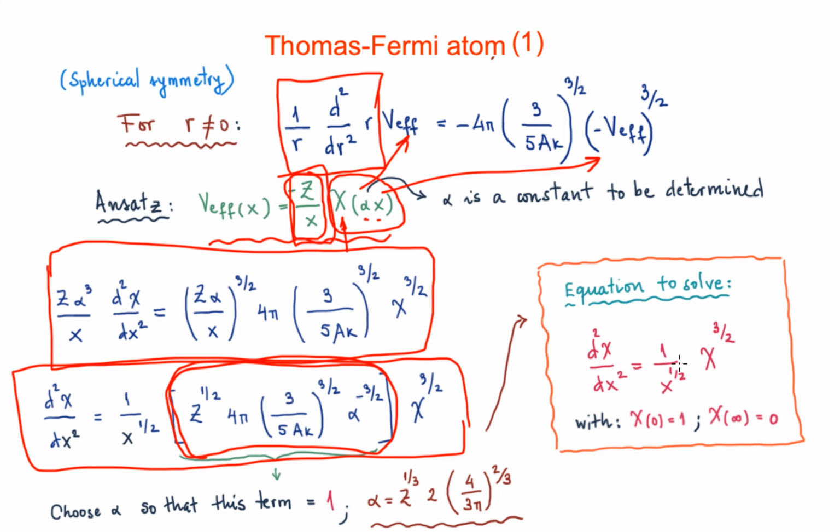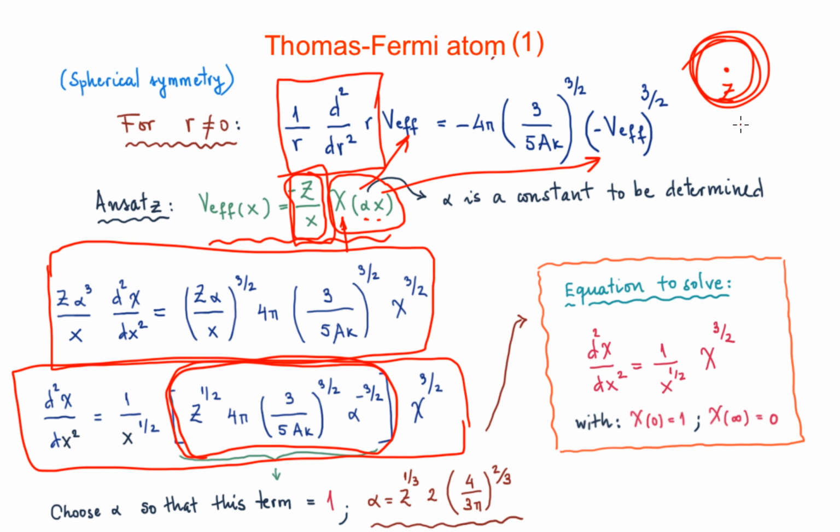So that's the equation that we need to solve in order to determine everything about our atom within the Thomas-Fermi approximation. We can determine from here the effective potential. From the effective potential, which is the induced potential, we can determine the induced electronic charge located around this external charge.